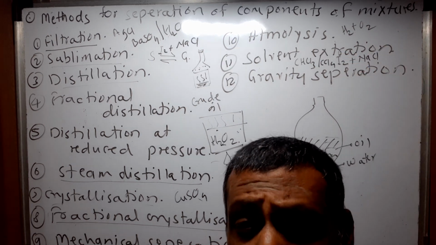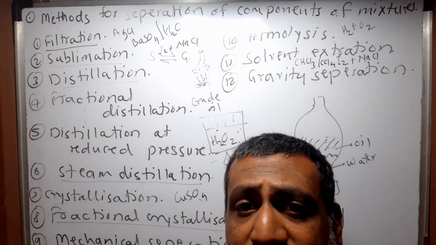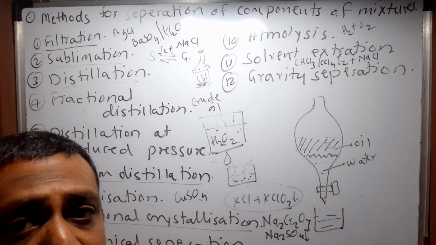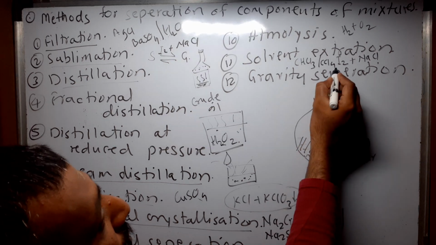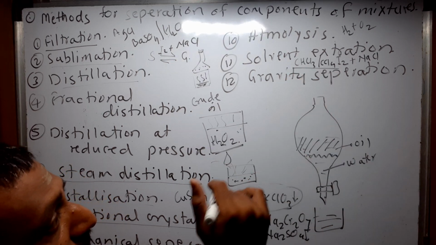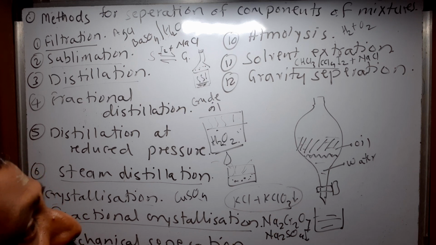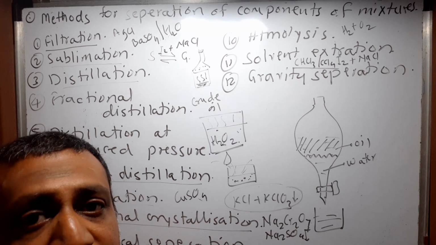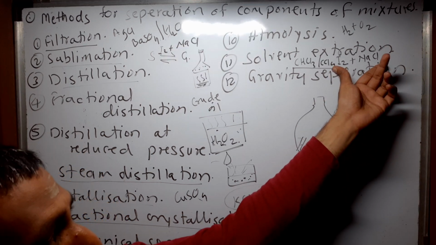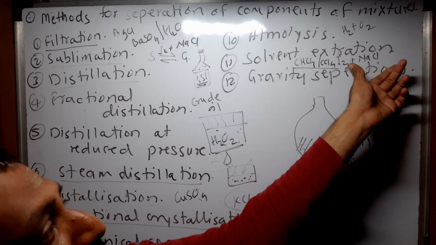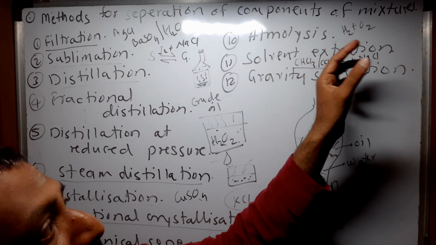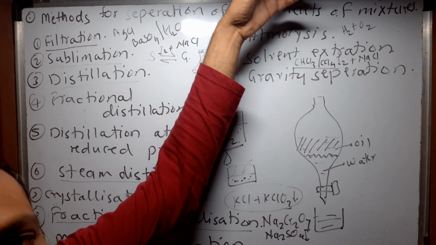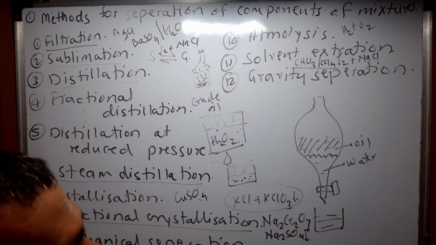Iodine has more solubility in these solvents, so it will get dissolved, and from that volatile solvent we can re-obtain the iodine. Are you understanding? When the solvent is evaporated or collected, only pure iodine we get.